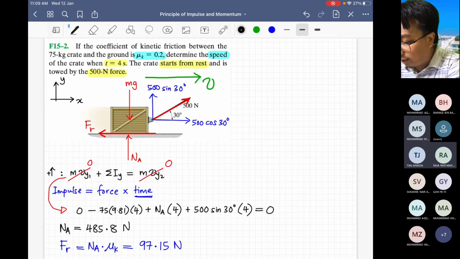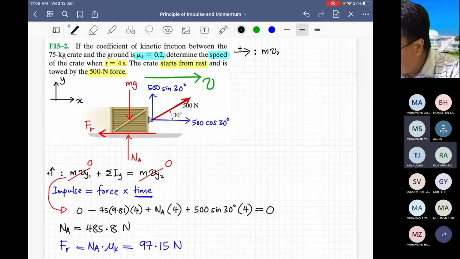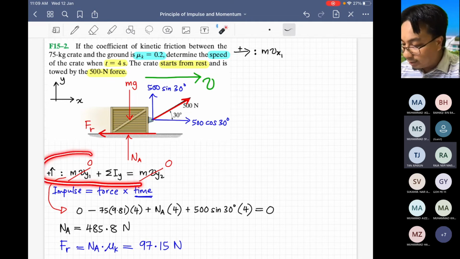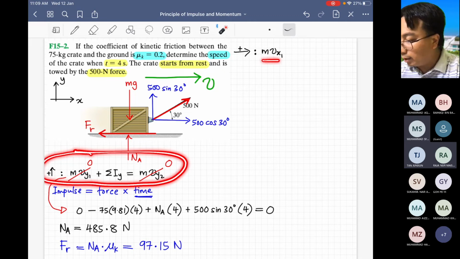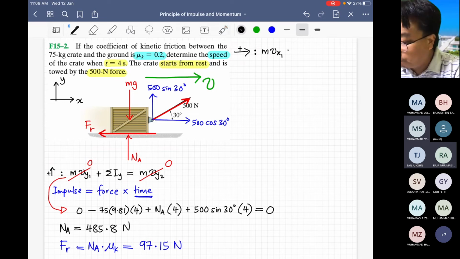Okay, so to find this we have to use the x-axis punya principle of linear impulse and momentum lah. So we gonna write positif ke kanan. Okay, so kita akan tulis balik equation yang sama macam tadi, m vx1. Sekarang ni dalam x-axis lah. Dekat sini tadi dalam y-axis. Now we are calculating in x-axis. Sebab kita indicate dekat sini, x-axis positif ke kanan. Plus total ix.